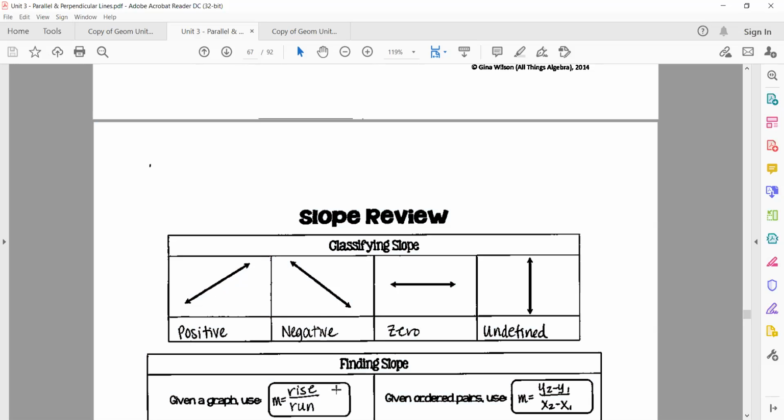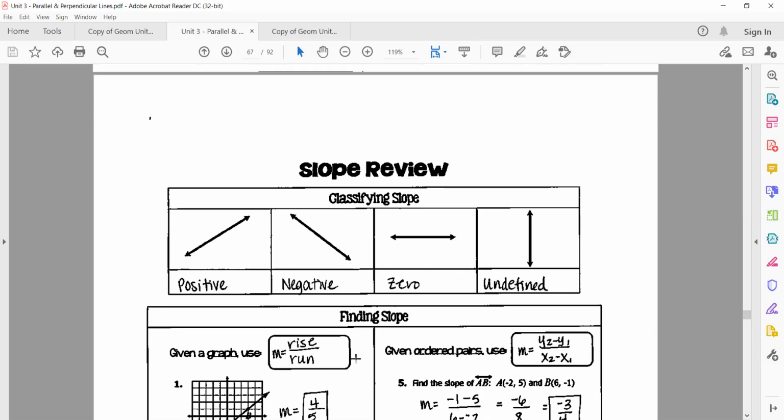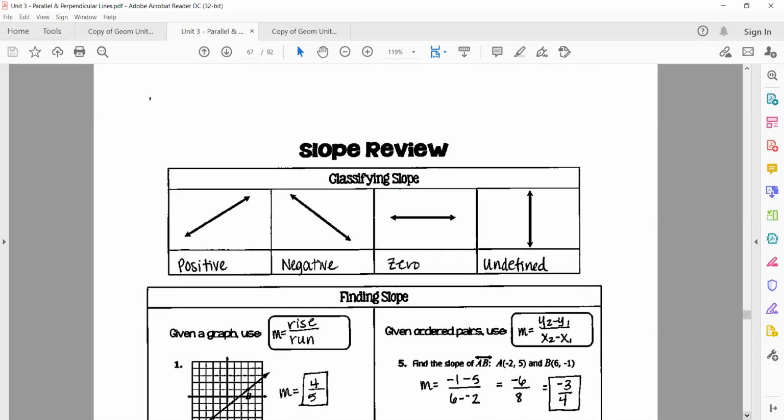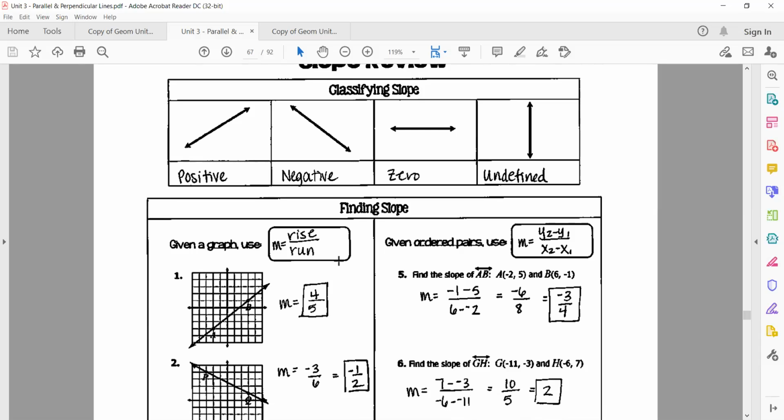And right below that, you can see this little equation here, M equals rise over run. You have to take it down a little bit. Oh, you can't quite see it? Okay. Is that better? A lot more. That's good.